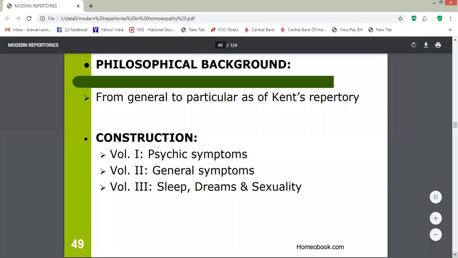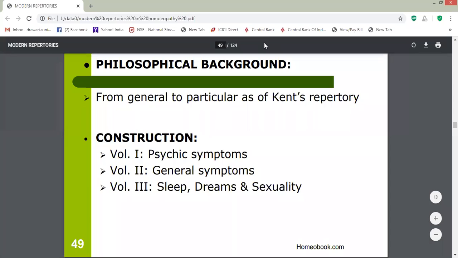In the second volume, which contains general rubrics, about 114 new general rubrics were added. And the third volume is also based on the general rubrics, and in the third volume about 261 new rubrics were included.